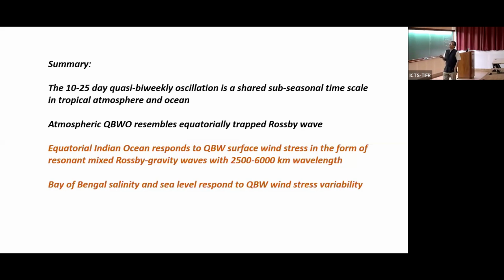The atmospheric quasi-biweekly oscillation resembles an equatorially trapped Rossby wave. The equatorial Indian Ocean responds to the surface wind stress as resonant MRG waves, with very large wavelength. Bay of Bengal salinity and sea level also respond to the quasi-biweekly wind stress variability. I'll stop here. Thank you.